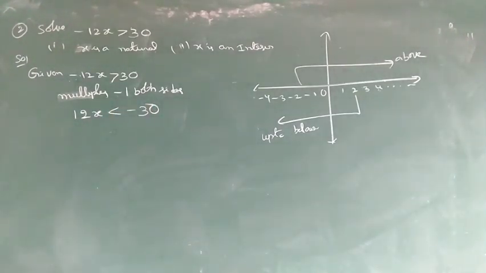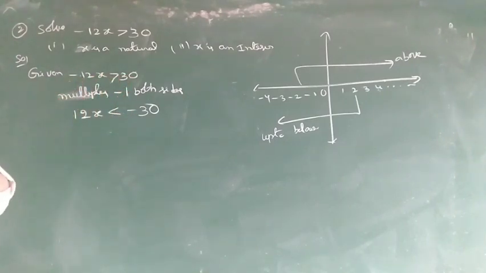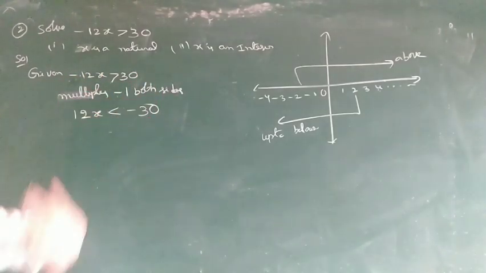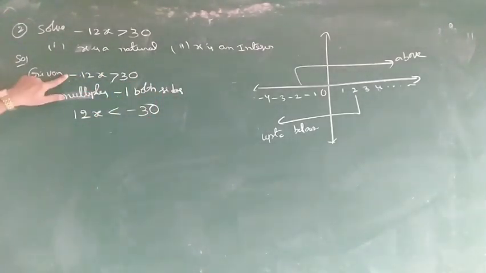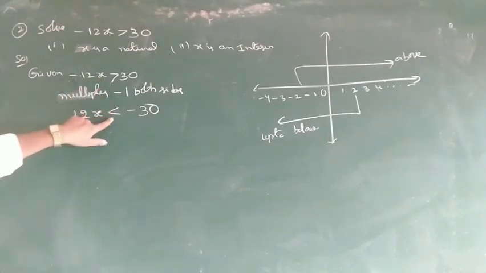Okay. If there is a minus value, we should not directly write x greater than 30 by minus 12. By rule number 2, the negative value is there, so multiply by negative on both sides. The negative changes to positive, and greater than changes into less than.